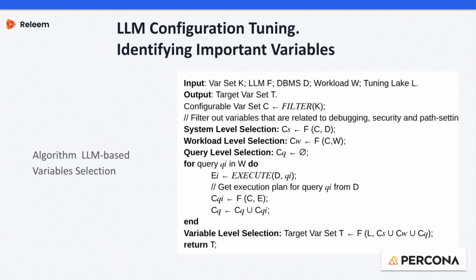The algorithm selects important parameters at three levels. System level: given the DBMS version, identify parameters known to strongly influence performance. Workload level: provide the LLM with the workload type and target optimization metric, throughput or latency, to refine the parameter selection. Dependency level: given the already selected parameters, use the LLM to add dependent configuration variables.